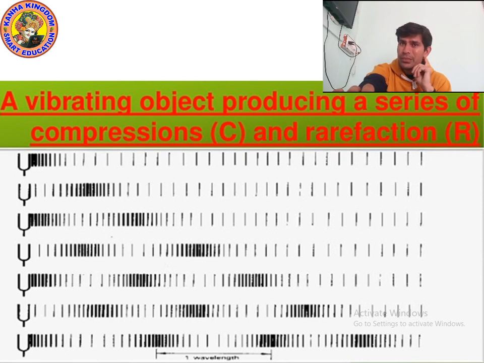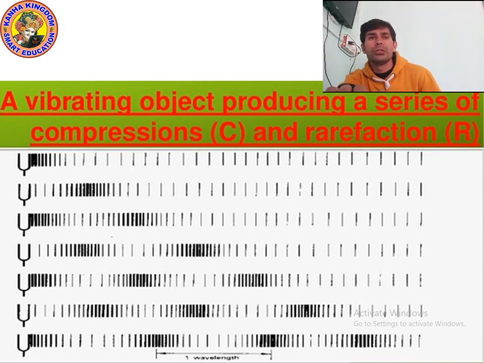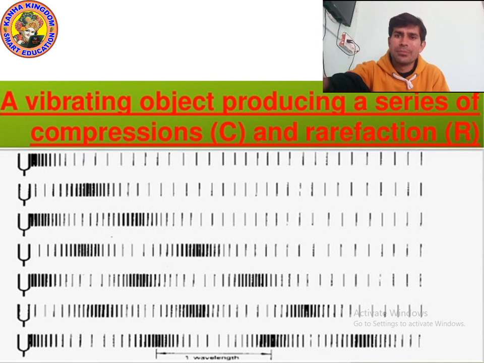When the object moves backward, it forms a region of low pressure called rarefaction. So as the object moves backward and forward, it produces a series of compressions and rarefactions in the air, which makes the sound propagate in the medium. I hope you understood. Now let's move on to the next point.